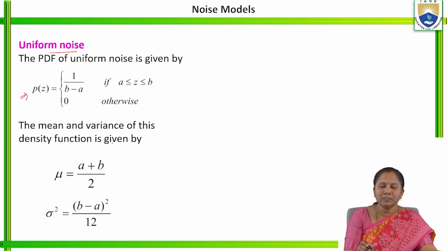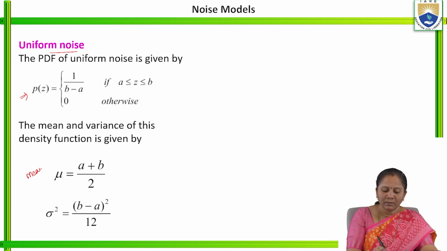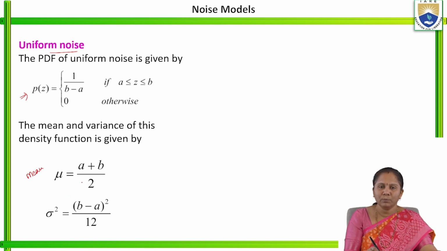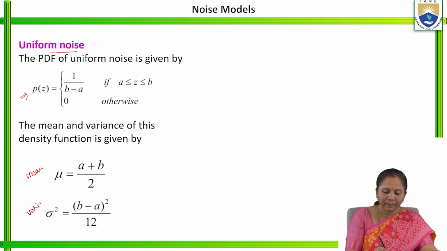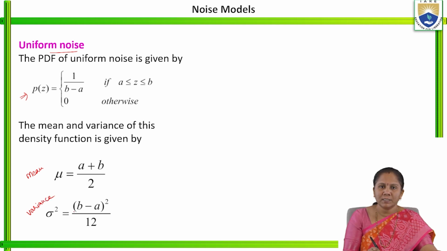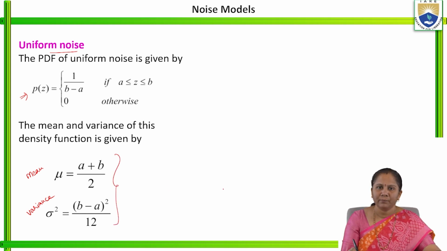So the mean and variance of this uniform noise: mean is represented as mu, so mu is equal to a plus b by 2, and variance sigma square is equal to b minus a whole square by 12. So these are the values of mean and variance for uniform noise.